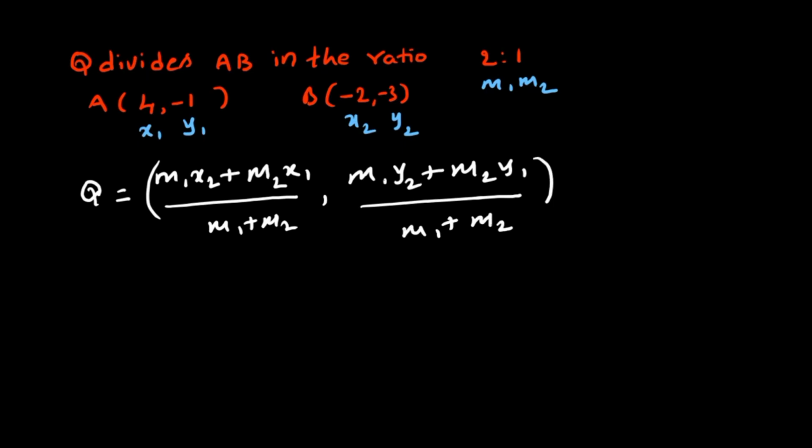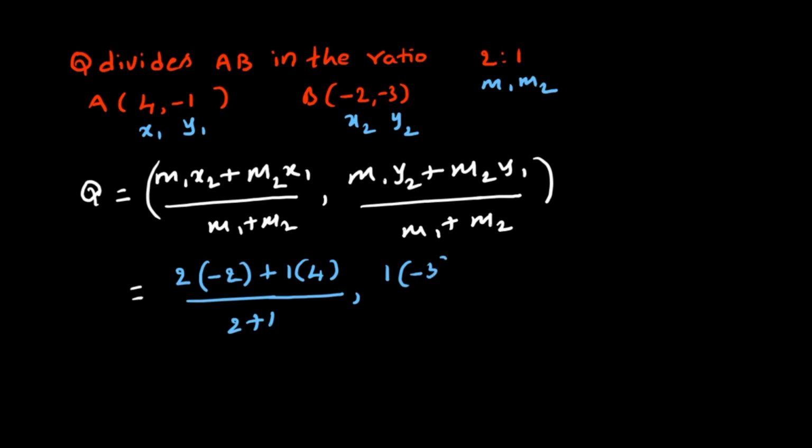So what is m1? m1 is 2 and x2 is -2, m2 is 1 and x1 is 4, divided by m1 plus m2, that is 2 plus 1. Again m1 is 2, y2 is -3, plus m2 is 1 and y1 is again -1, divided by 2 plus 1.